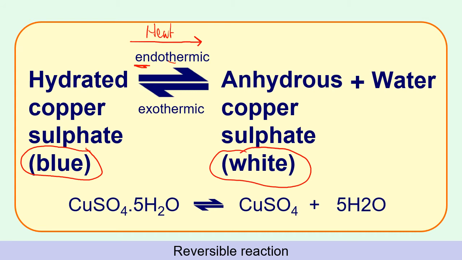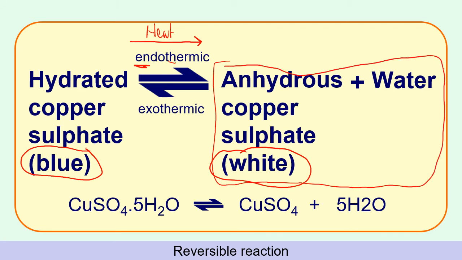If I then just leave that white copper sulfate for a few hours, it will take water back from the air, it will get warm itself and give out some heat, and it will turn back to blue. So when we order this from the prep room, it always comes as blue because it's been sat around for a while in there, it's blue. If we want to get the white one, the anhydrous copper sulfate, we'd have to heat it.